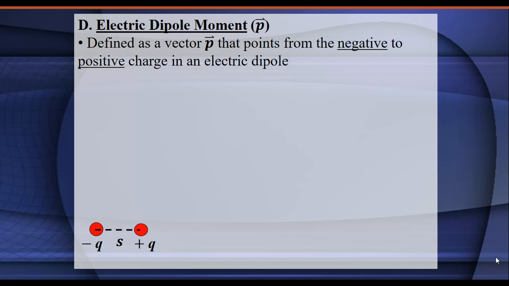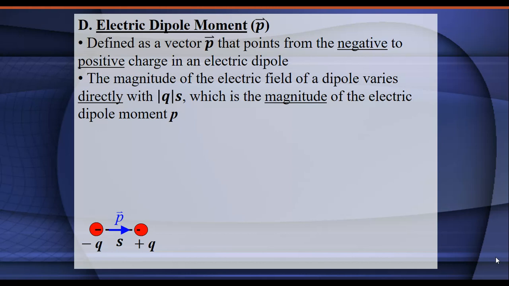The charge magnitudes are the same. My electric dipole moment would point from the negative to the positive charge. So we can draw this vector on the picture here. In this case, the electric dipole moment vector would point from negative to positive charge, which would be, from our perspective, towards the right side of the page.